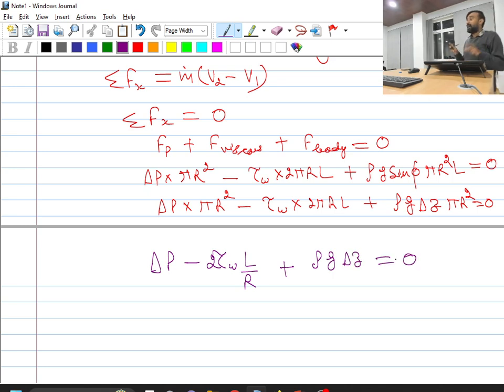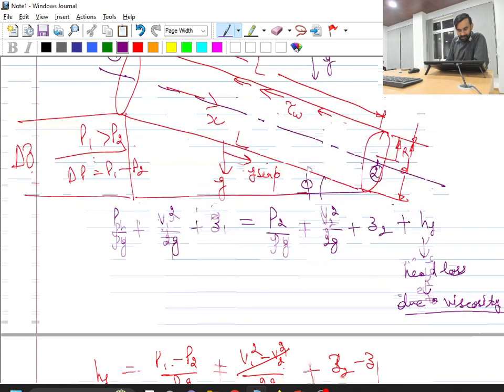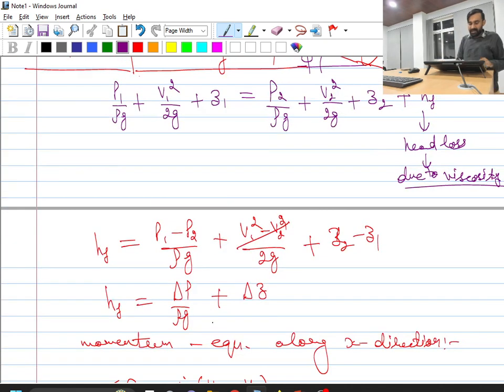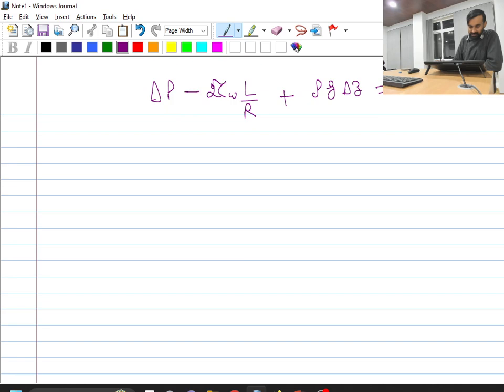Okay. Now my interest is to calculate head loss. And head loss from the Bernoulli's equation I have come to know is nothing but equal to delta P by rho G plus delta Z. So I must write this equation in the similar way.